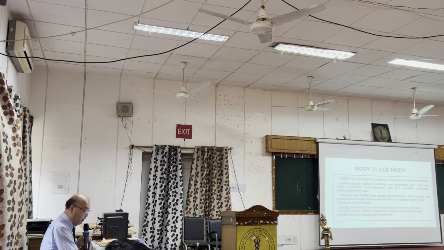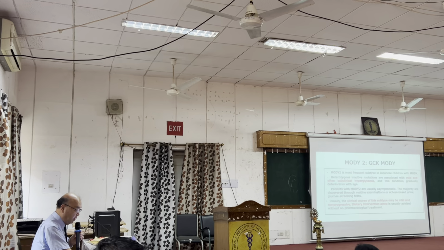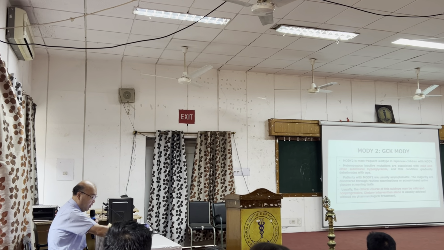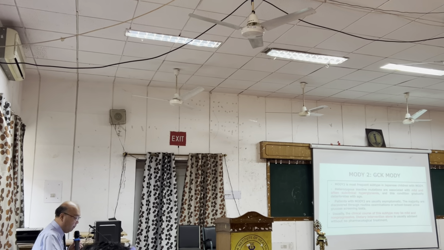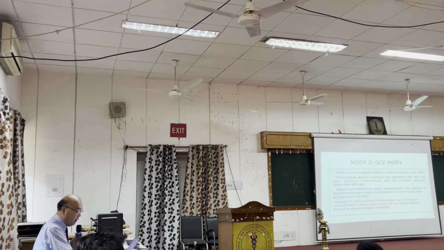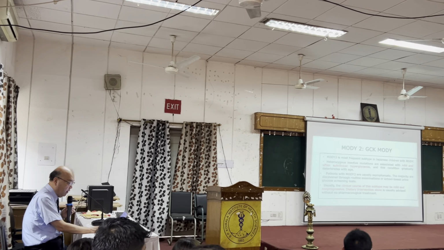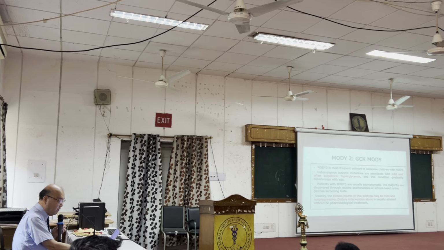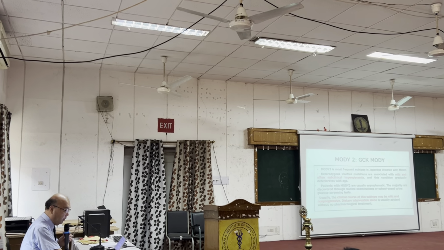Patients with MODY2 are usually asymptomatic. The majority are discovered through routine examination or some screening system. Usually, the clinical course is mild and non-progressive. In treatment, dietary intervention alone is usually advised, without pharmacological treatment.